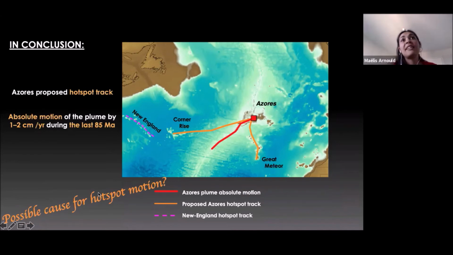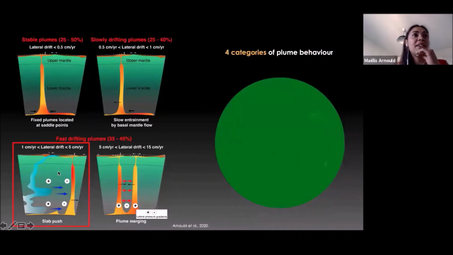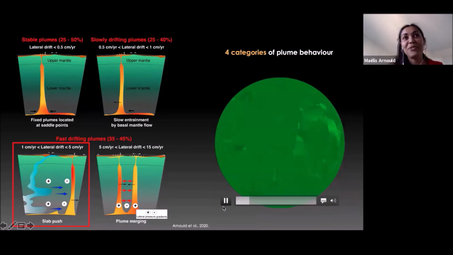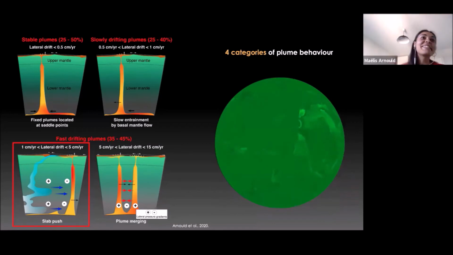But then we can ask ourselves, okay, what can be the possible cause for hotspot motion? So here again, we'll try to use our geodynamic model. And from our model, which you cannot see at the moment, we were able to distinguish 4 categories of behavior of absolute motion of mantle plumes.